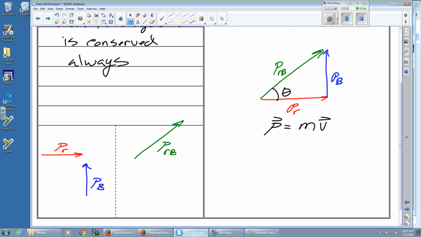So we know the magnitude of the momentum, right? What do we know about the blue car before the collision? Its mass and speed, so we know its magnitude. So we actually know two sides of our right triangle. That's good, because that means we can find out everything. Remember, three things in a triangle, you can find anything.